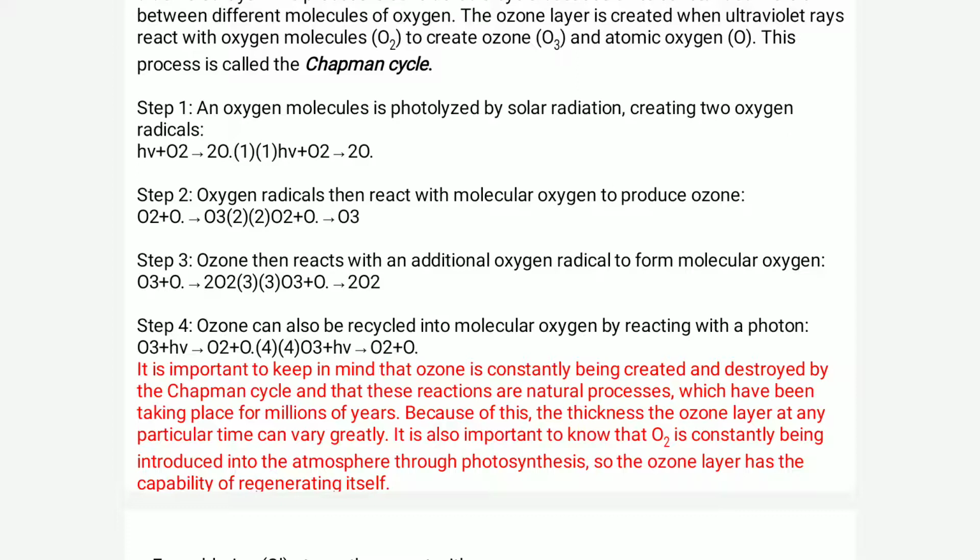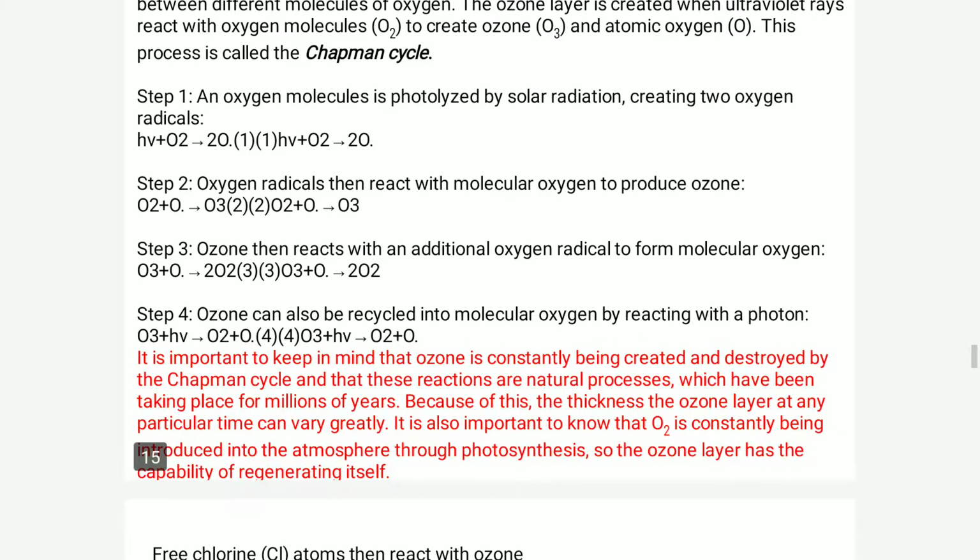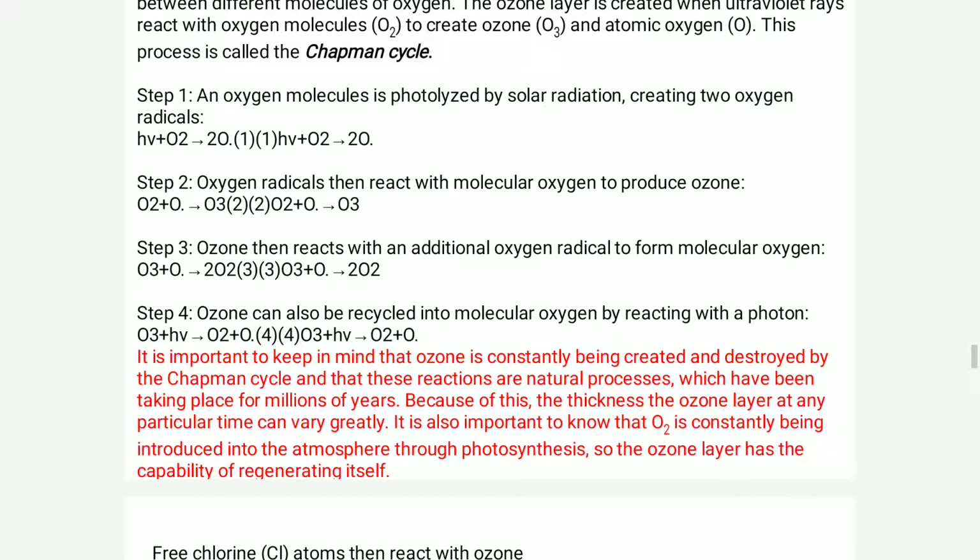So it is important to keep in mind that ozone is constantly being created and destroyed by the Chapman cycle, and these reactions are the natural process which is occurring in our atmosphere through millions of years.